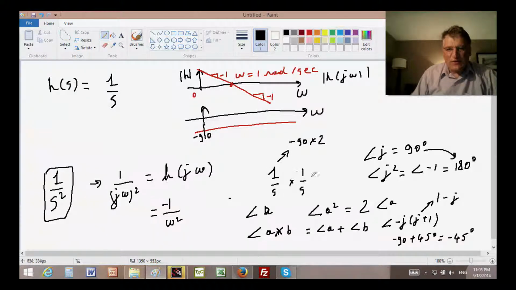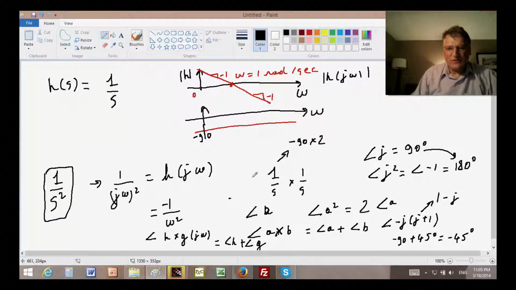What that means is that, and we will see that later, if we need to compute the phase of H times G of j omega, we will just need to compute the phase of H plus the phase of G, and we'll get the right number.